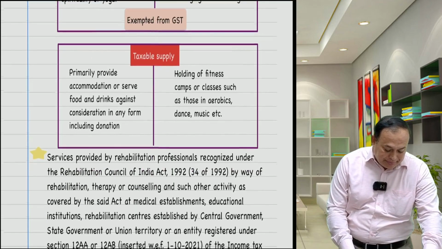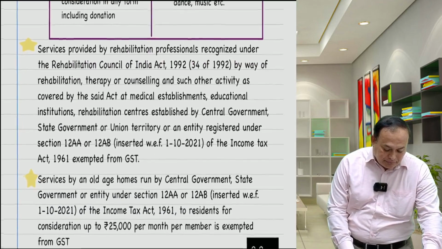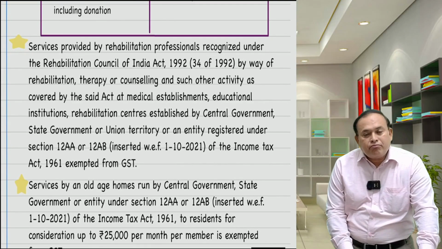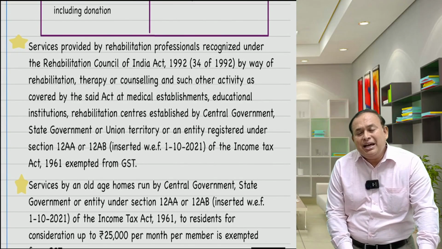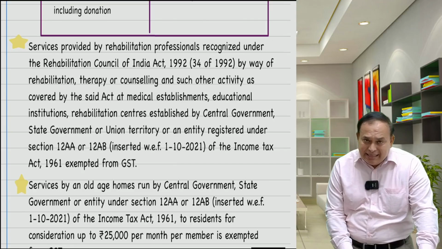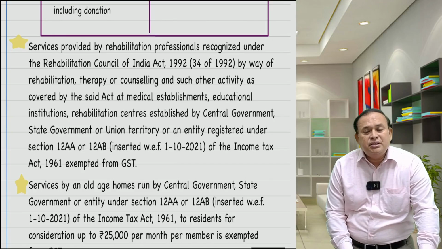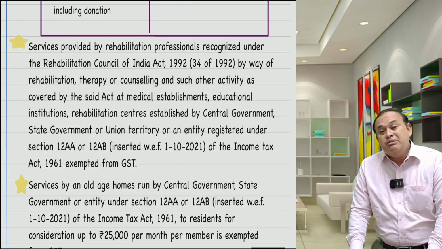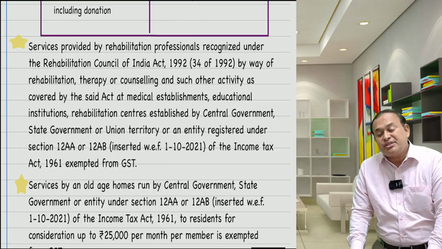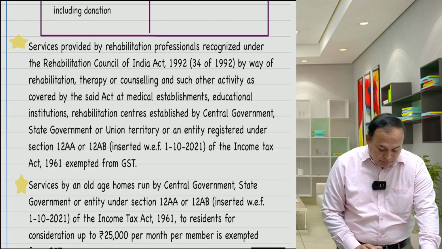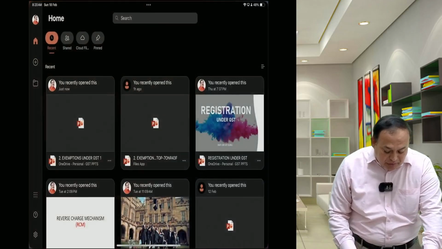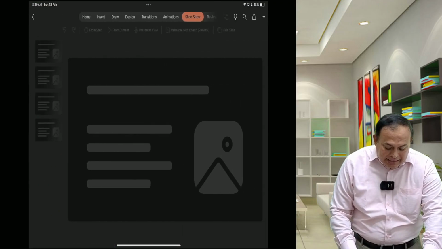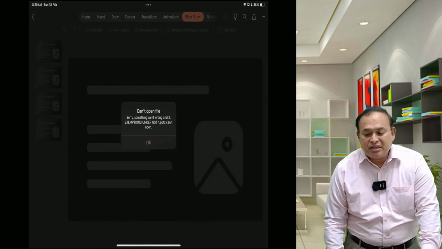Further, my dear friends, section 12A or 12AB entities offer rehabilitation professional services. What type of service are we referring to here? Rehabilitation professional services.